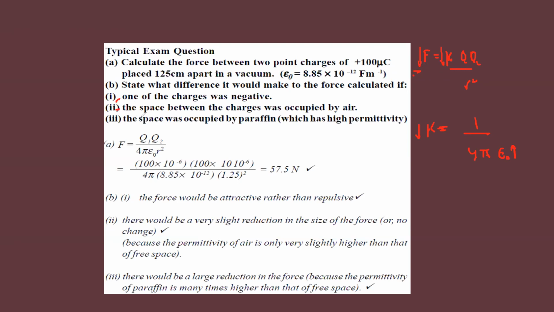Now the space was occupied by paraffin, which has high permittivity. High permittivity means greater epsilon. If the value of epsilon increases, the value of K decreases, and if K decreases, the force will also decrease.